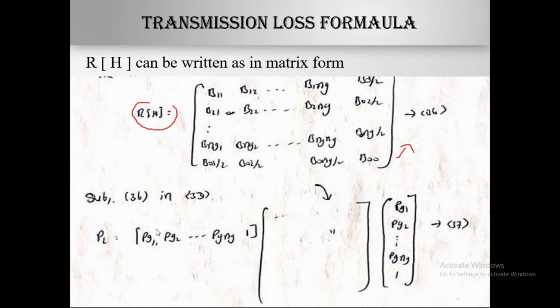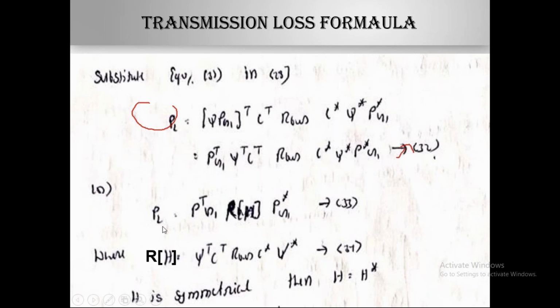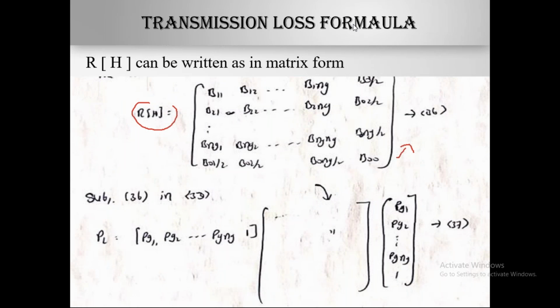After this, let us observe the 33rd equation. The 33 equation is PL equals P transpose G1 R of H P conjugate G1. If you write this equation in matrix form, since you already know R of H, we will get it like this.